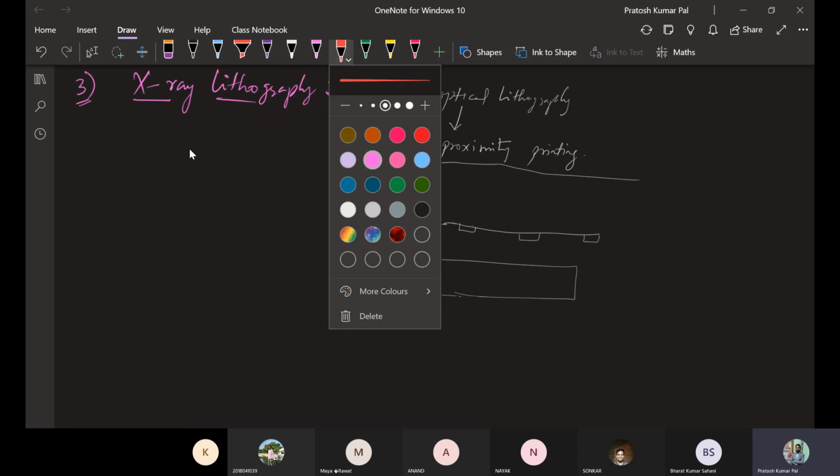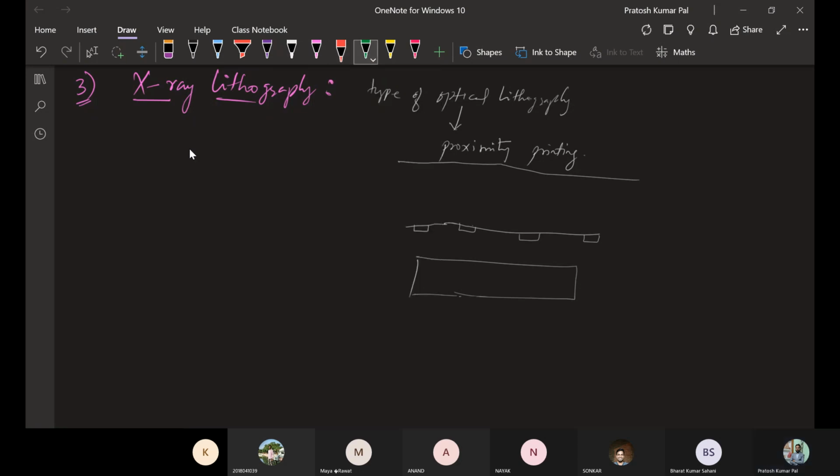This X-ray light will be passing to the edge of the mask, passing this way, and it will go here.